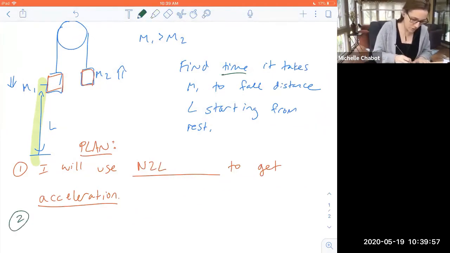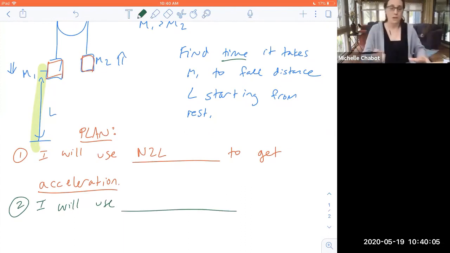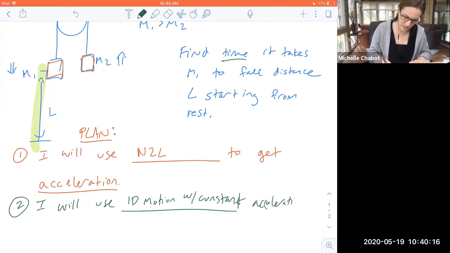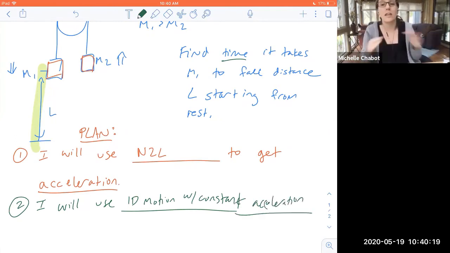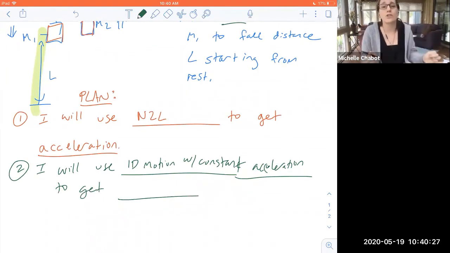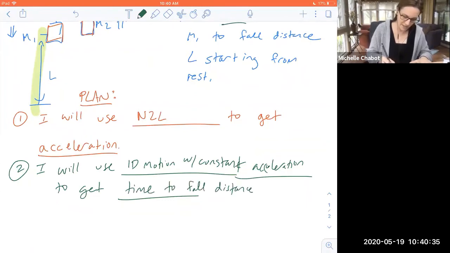So step two could be written as I will use, and again, our problem-solving concept, in this case 1D motion with constant acceleration, because we have constant and non-constant, and they have different problem approaches. So I will use 1D motion with constant acceleration to get, and this is my last step because there are just two steps for this problem, the time to fall a distance L.